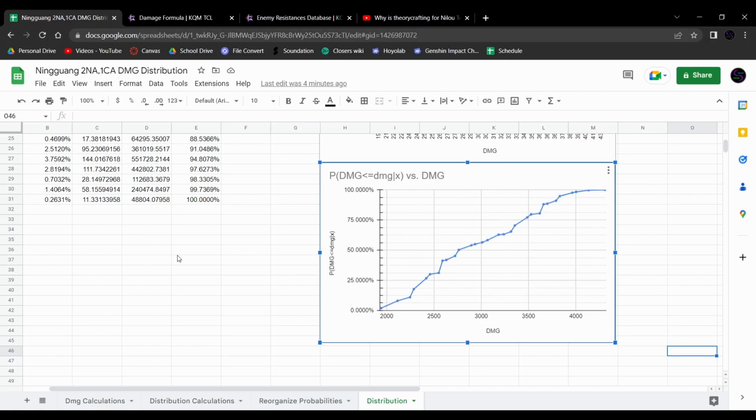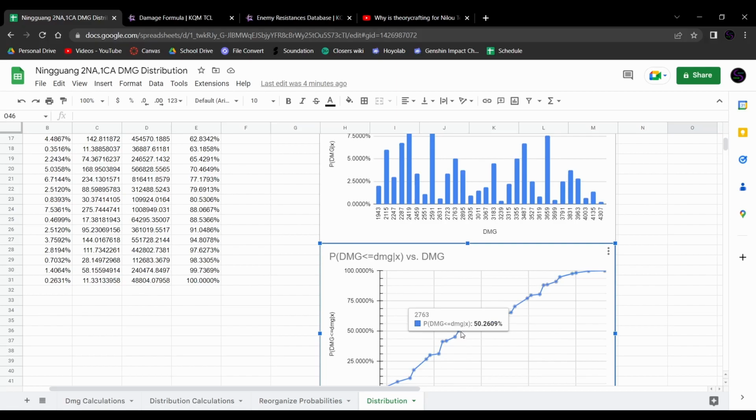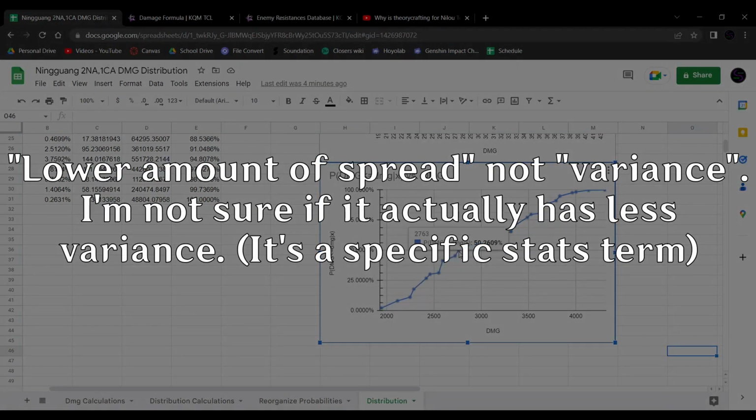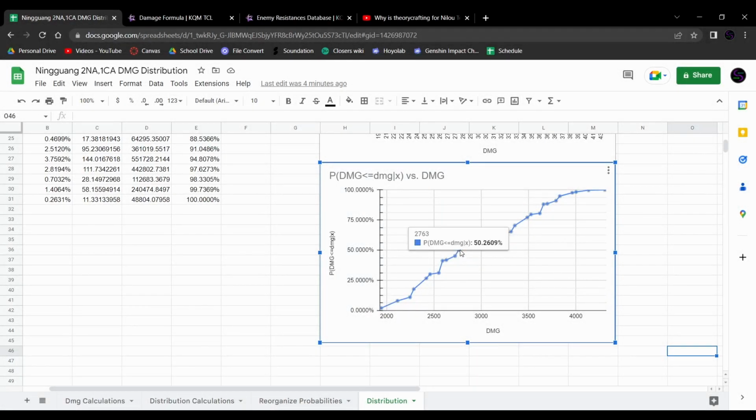4,307. So you might notice here why this one is closer to this part over here, which is relatively cramped, and then this whole part extends outward quite far. We can see that there's a lower amount of variance in this data over here, and over here there's a huge spread.